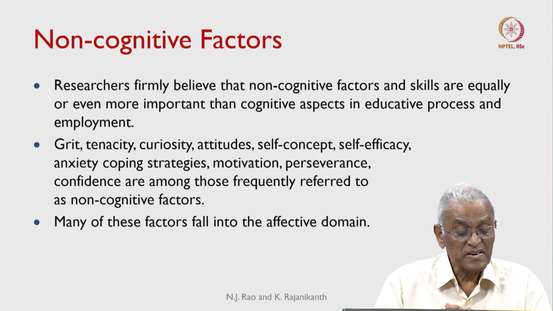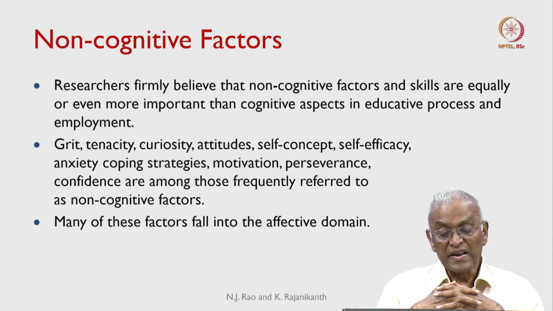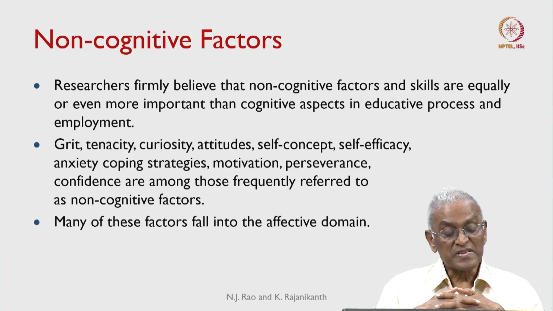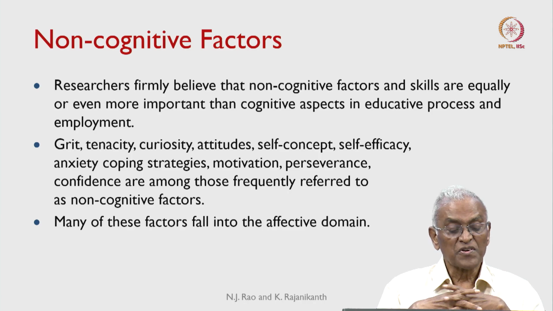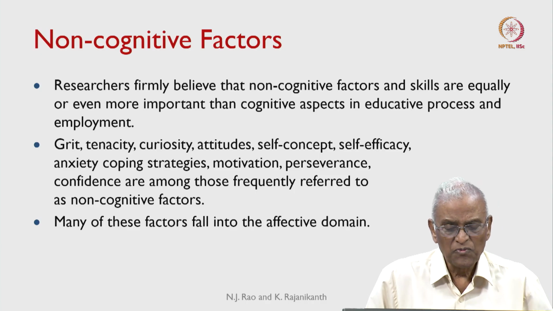For example, factors like grit, tenacity, curiosity, attitude, self-concept, self-efficacy, anxiety coping strategies, motivation, perseverance, confidence are among those frequently referred to as non-cognitive factors. They are not completely independent of one another.